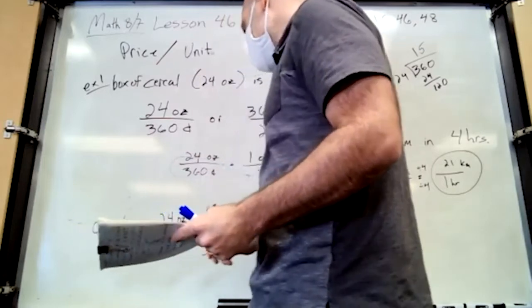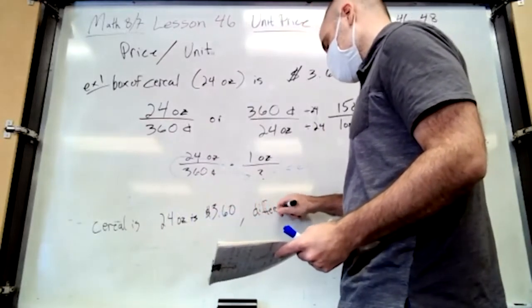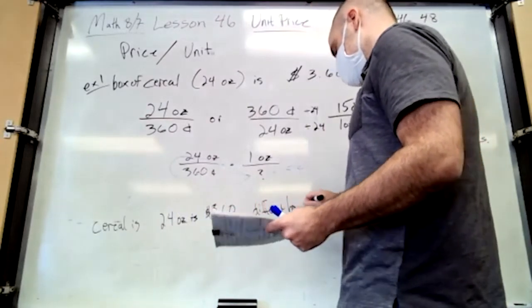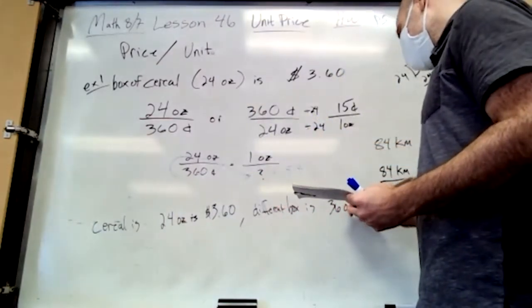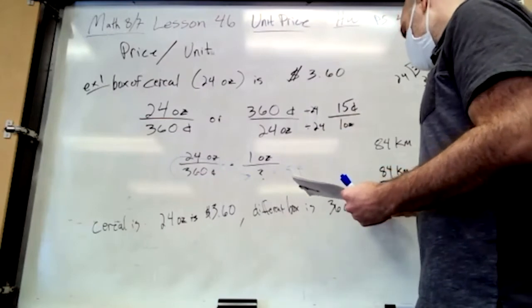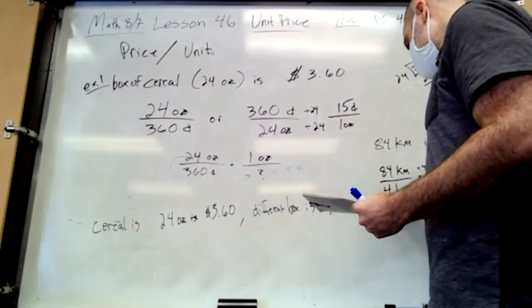And then another box, a different box, is 36 ounces for $4.50. Which one is the better buy?